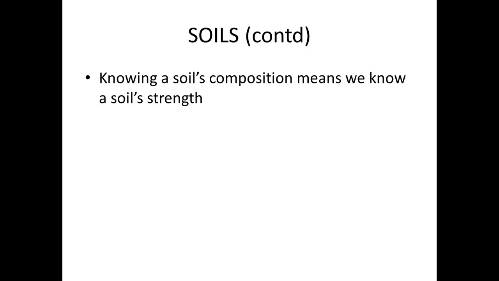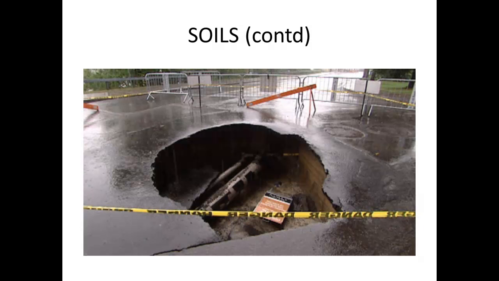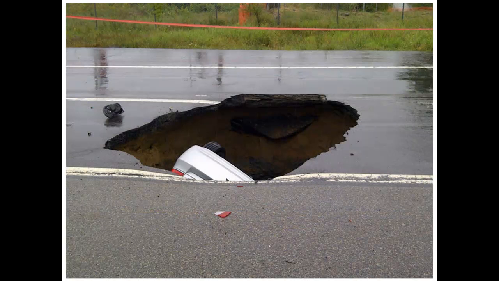For example, based on this picture, do you think the soil under this road was strong enough to support the traffic above it? What about this picture? If you're thinking that perhaps the soil under these roads was not adequate to support vehicular traffic, you're correct. So why were these roads built over this kind of soil?